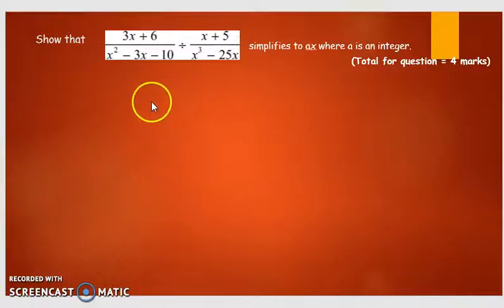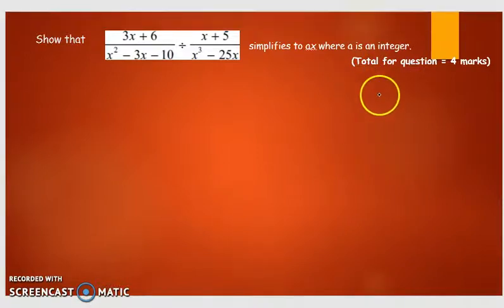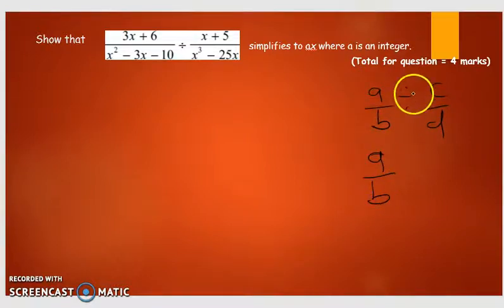We have this one that involves division. What would we do? Now, first thing you'd like to do is to recall what you do when you divide fractions. You will recall that if you're dividing any two fractions, say a over b divided by c over d, you repeat your first fraction, you change your division to multiplication, and then you write c over d in its inverse form, so d over c.